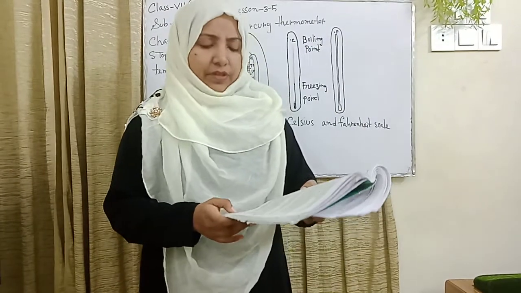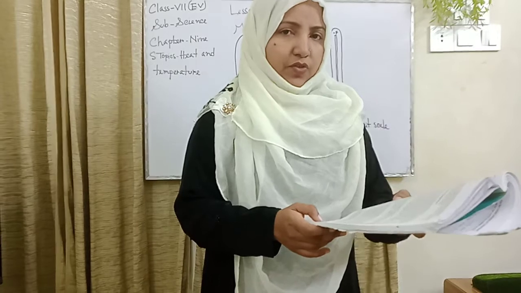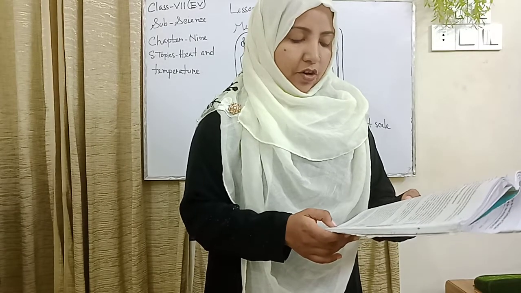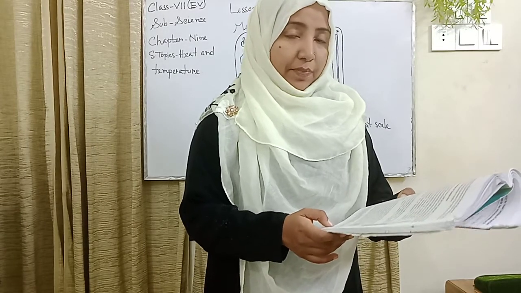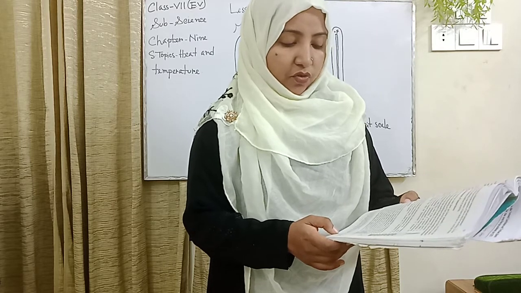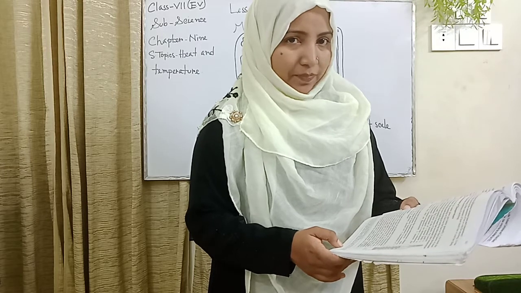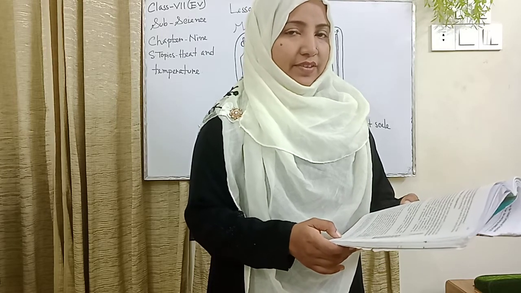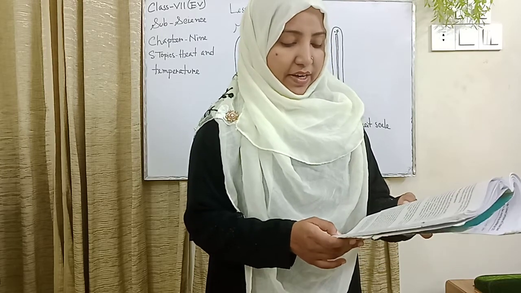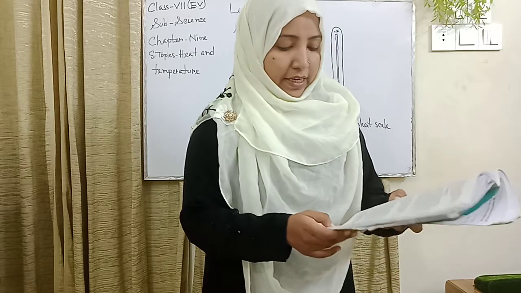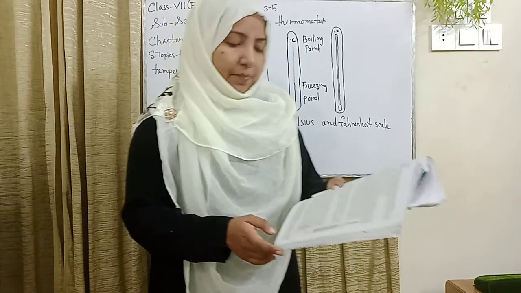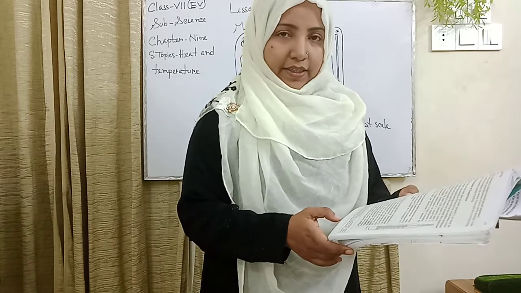Determine fever yourself by using a thermometer. The normal temperature of a human being is 98.4 degrees Fahrenheit. Please everyone mark this line. It is called fever when the temperature goes beyond that.